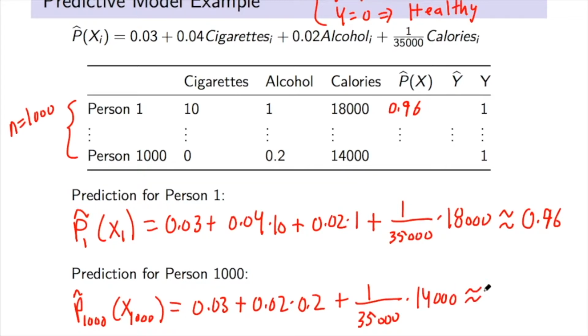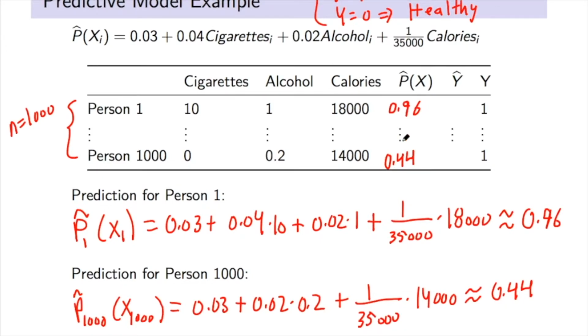And once you compute this, I believe this turns out to be something like 0.44. Okay, so we can plug in 0.44. So the probability that this person is unhealthy, given the amount of cigarettes, alcohol, and calorie intake on a weekly basis, is 44%.